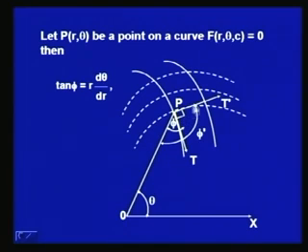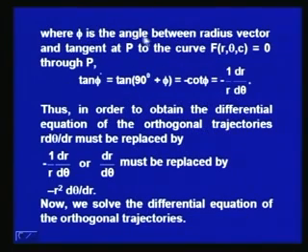PT dash is tangent to this curve, while PT is tangent to the curve f r theta c equal to 0. The angle between the two is pi by 2. So, phi is the angle between the radius vector and tangent at P to the curve f r theta c equal to 0.